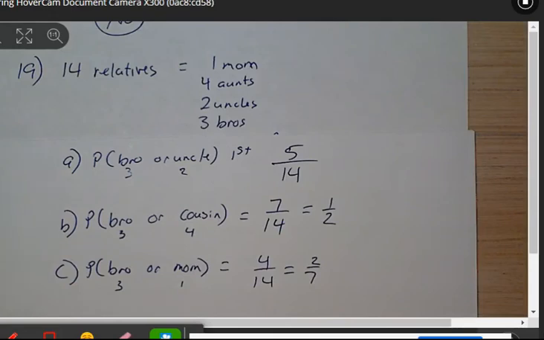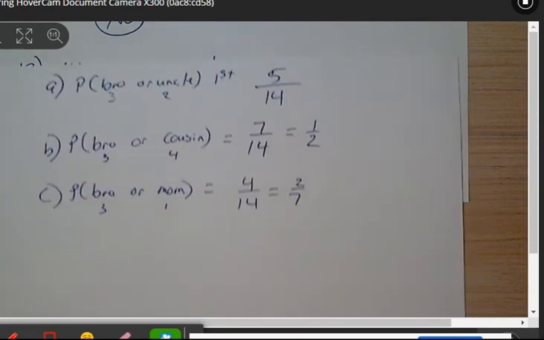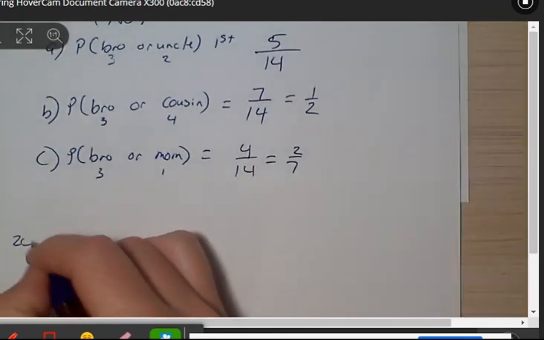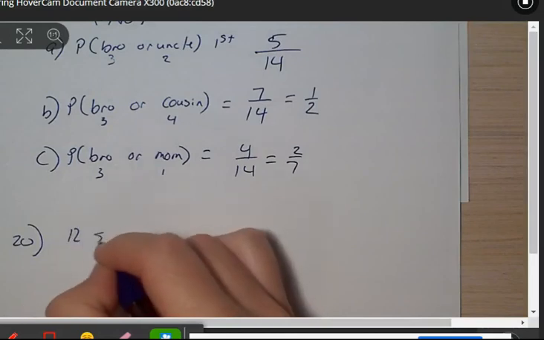Okay, and those are all just simple probabilities. There's nothing too complicated, just adding the different parts and pieces. Okay, and then the last question is you have a 12-sided die, just one.